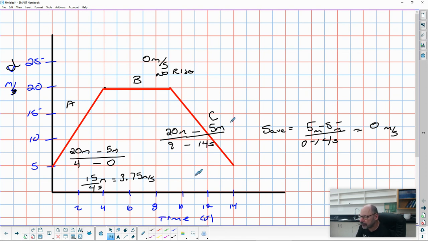Okay, so this would end up being 20 minus 5, that's 15 meters at negative 5 seconds. Okay, and then just divide 15 by negative 5. This is seconds here. So that's negative 3 meters per second. So that was on Friday.